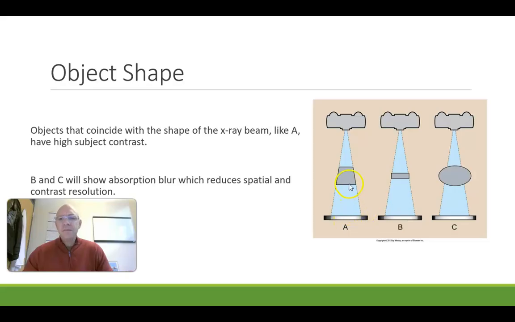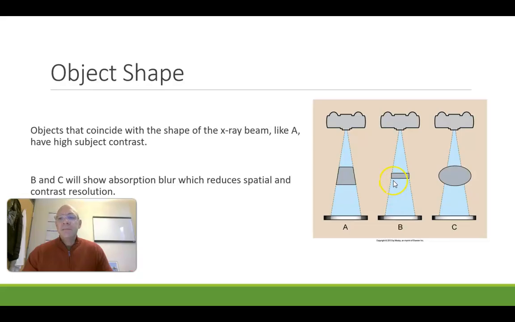But letter A, you can see it matches perfectly with the angulation of the beam. You're going to have little to no distortion at all from that. If anything, because you've got a high OID, you're going to have a magnified image. But for goodness sakes, what are we x-raying that's going to be like this? Nothing.